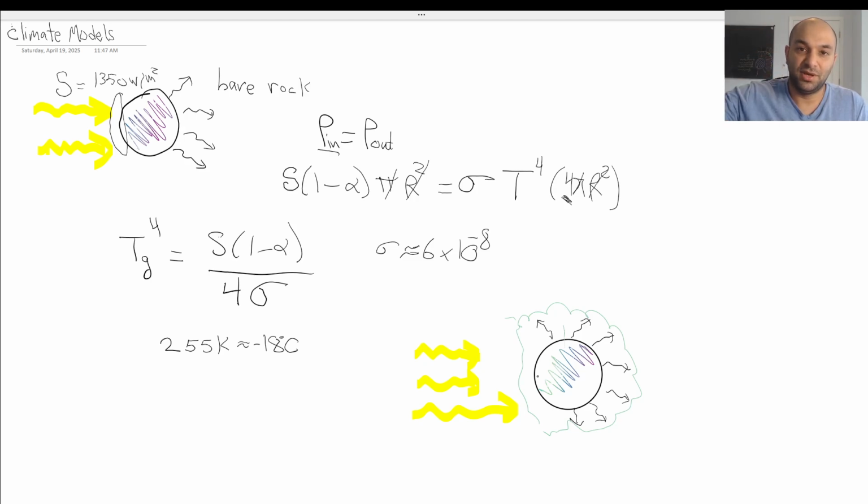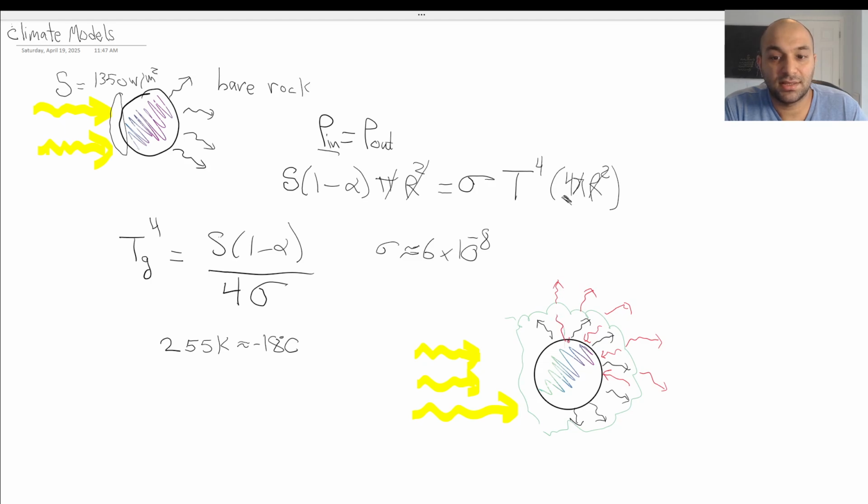So it gets absorbed in the atmosphere. The atmosphere warms up, and then the atmosphere itself starts emitting. Some of it goes back outside into space, and some of it just goes back to Earth.